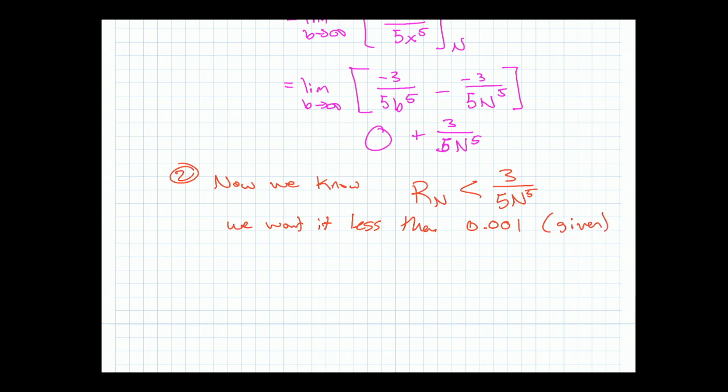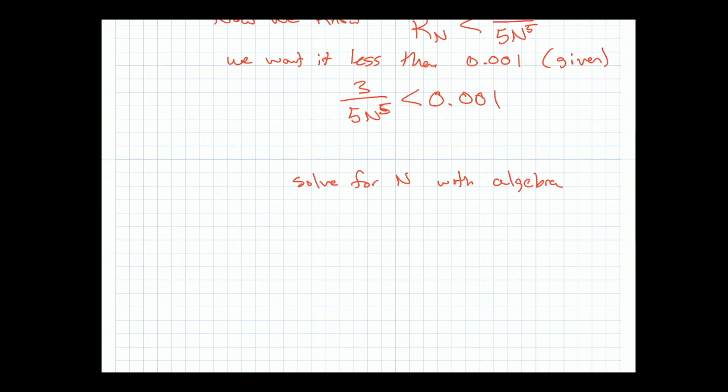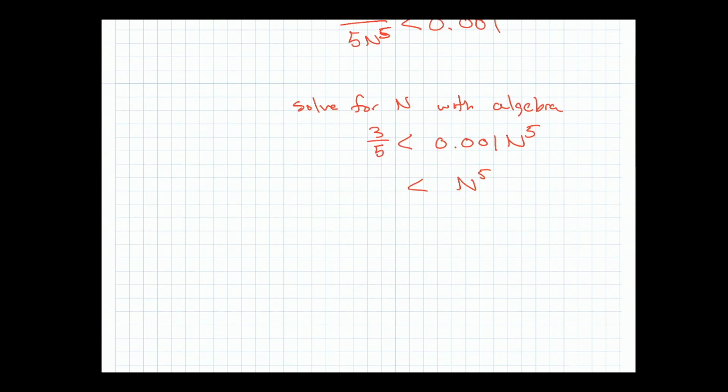So we just solve for n with algebra. It's not too tough. Bring the n to the 5 up: 3/5 is less than 0.001 times n to the 5th, so n to the 5th is greater than 3/5 over 0.001.